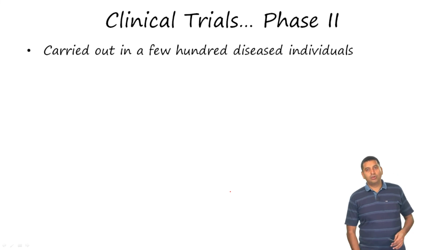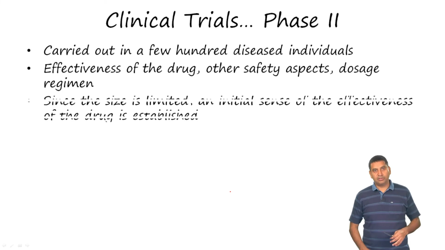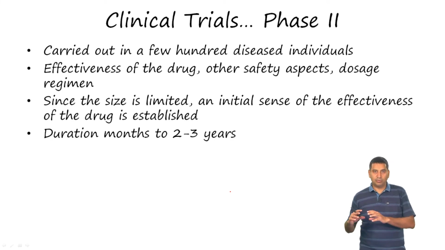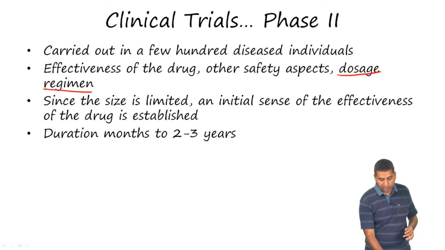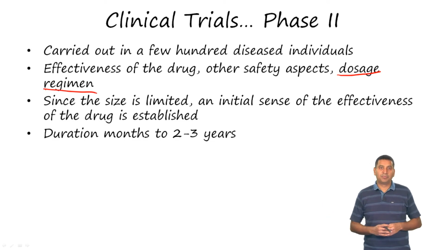In phase 2, we look for people who have a disease, these are typically patients, and who are tested with this compound. Here the effectiveness of the drug is what is important and it is studied. So, they find out what the dosage regimen is, whether we should give it once a day, twice a day or once in 2 days and so on. And other safety aspects of the drug are also studied in this case.